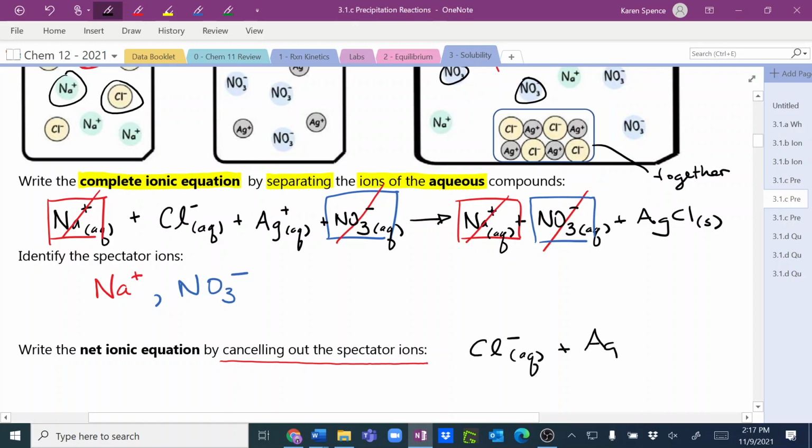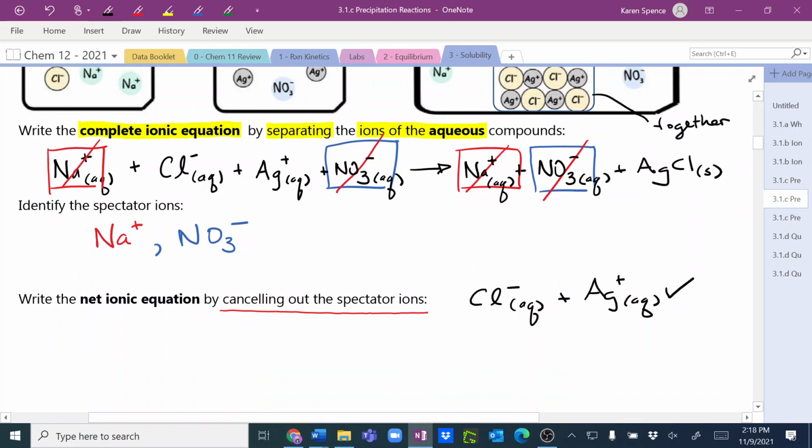Cl minus plus Ag plus aqueous, that would be correct for your reactants. I have a tendency to always put my cation first because it just looks better, and it kind of makes more sense in my head. So I would have a tendency to do it like this, but if you did it like this, that would be okay. So Ag plus plus Cl minus. It doesn't really matter, the order of reactants and products never matters.